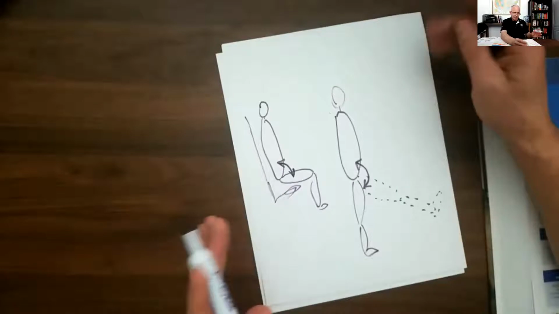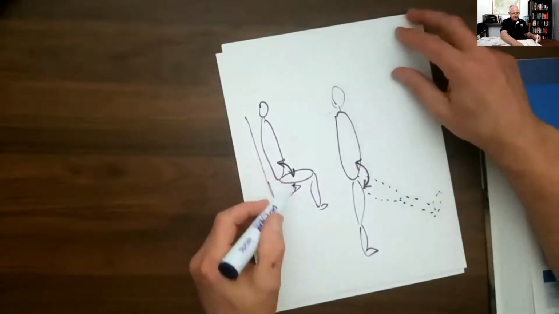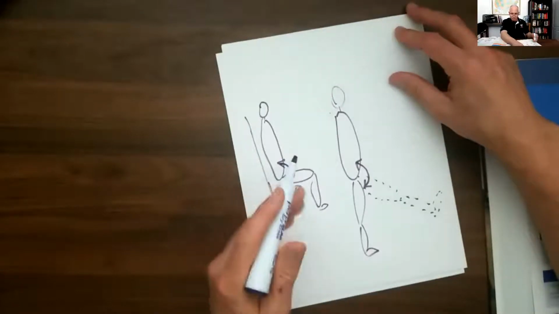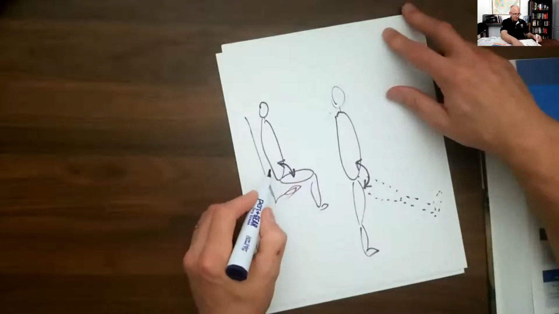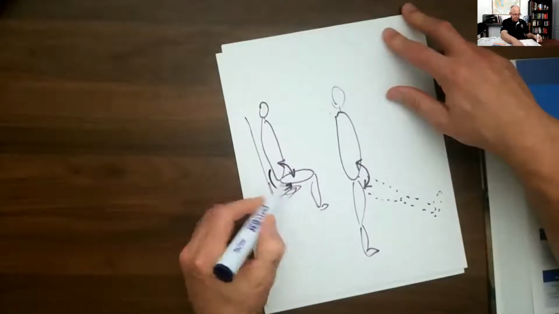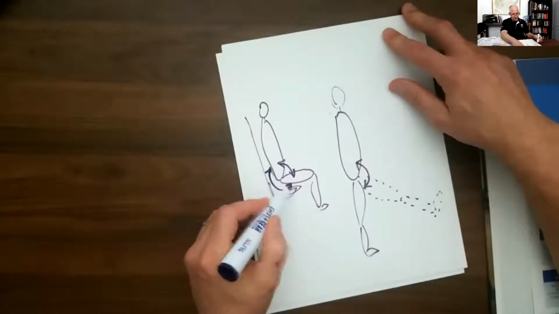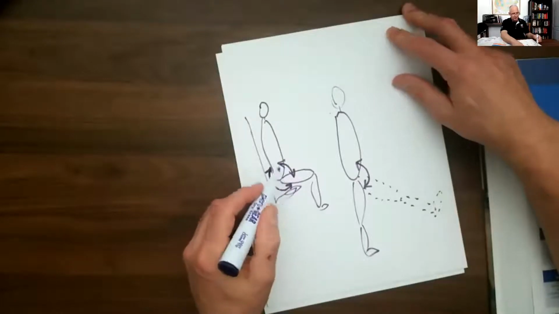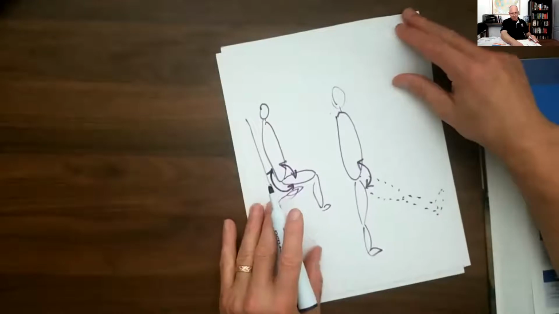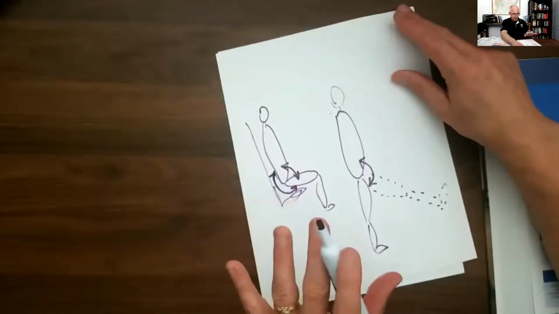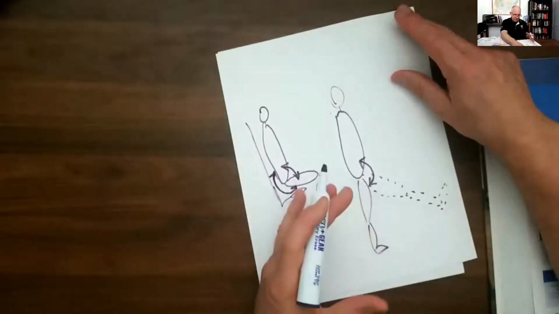In other words, they become tense in this shortened position. And then, of course, muscles that extend the hip, this scenario is the same thing. You saw that with the bicep and tricep. So I hope it helps when you kind of look and draw it out.